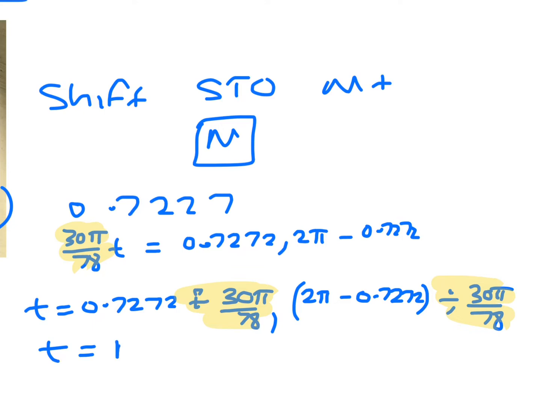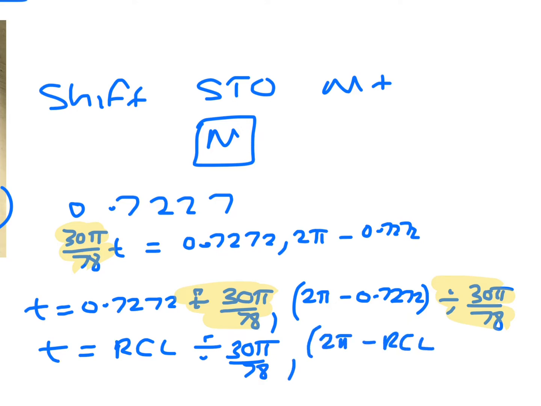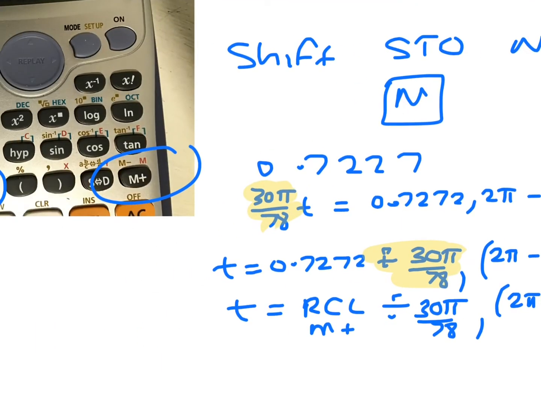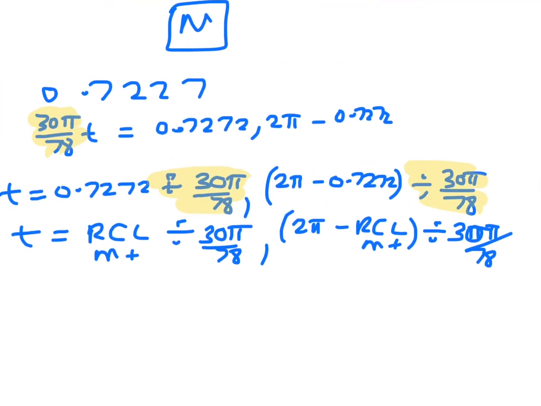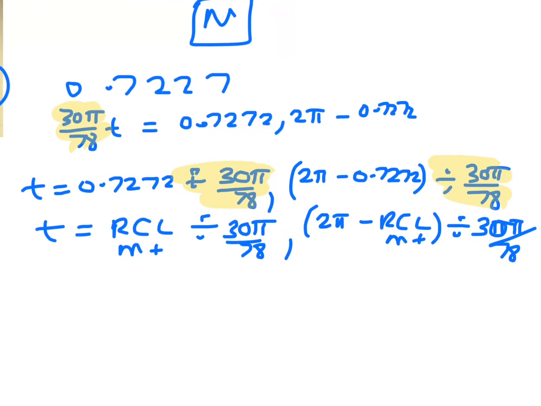Okay, so you can use recall memory divided by that, because that number's stored in there, and the same here, 2π minus recall memory, then divided by 30π/78. Because if you look at this, there's the recall memory, and that will recall what's in it, whereas the other one will store it.